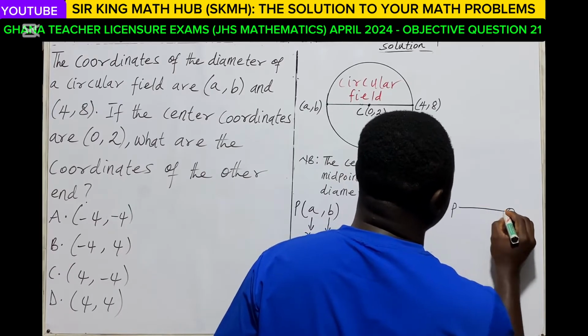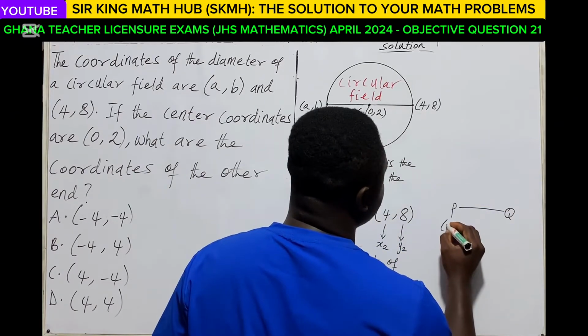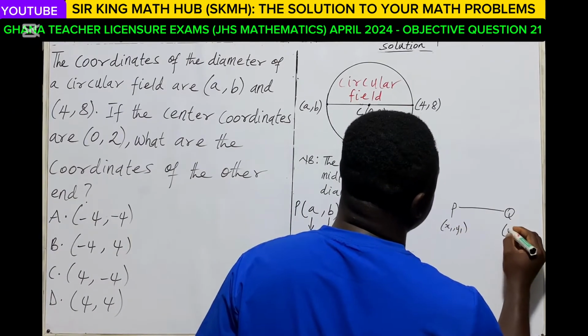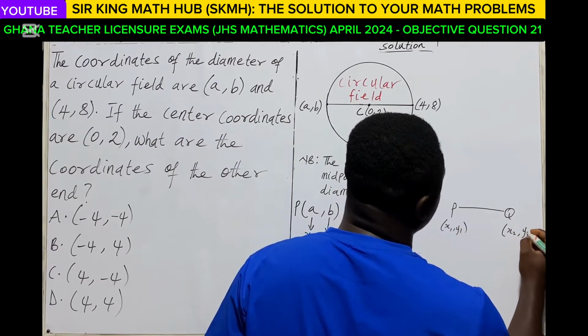So this is our line. P has coordinates X1, Y1. Q has coordinates X2, Y2.